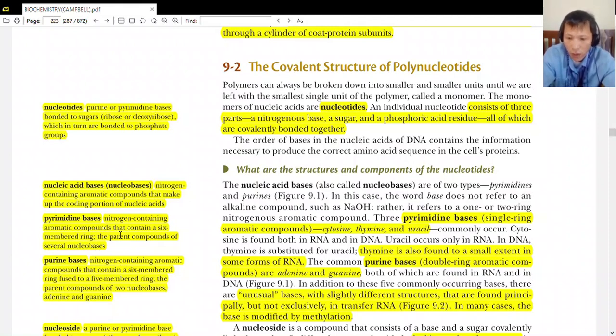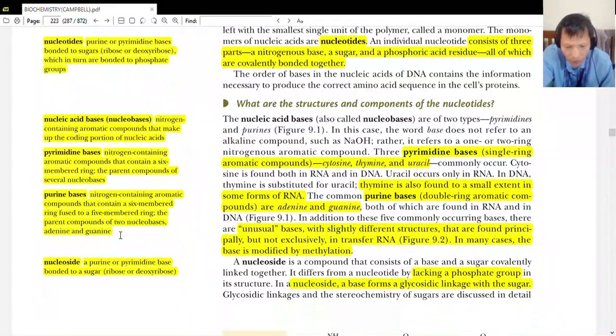So you have a six-membered ring and a five-membered ring. How about the other one? Six-membered ring only for the pyrimidine bases. For purine bases, that is a six-membered ring fused to a five-membered ring. So that is purine bases. And both of those we call the nucleic acid bases. Okay?